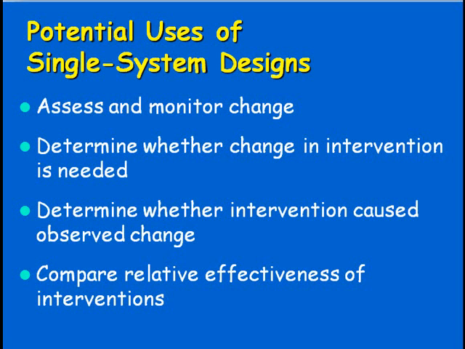And you're somewhat able to compare the relative effectiveness of interventions. And there are some caveats to this as well. You're not able to compare non-adjacent phases, ones that aren't next to each other, and there are some complications, so we'll talk about those.